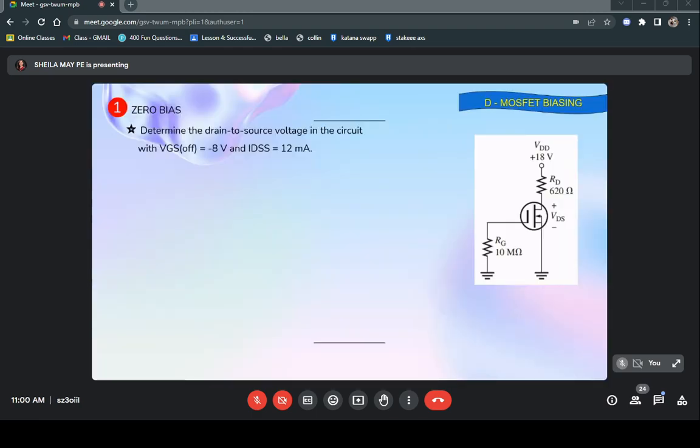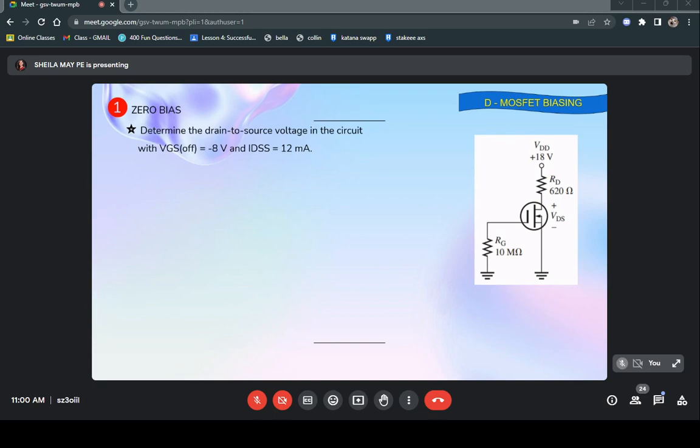When VGS off is equal to our VP, VP for N channel is negative, VP for P channel is positive. When our VGS off is equal to our VP, that's the time our channel has been cut off. There is no drain current flowing.